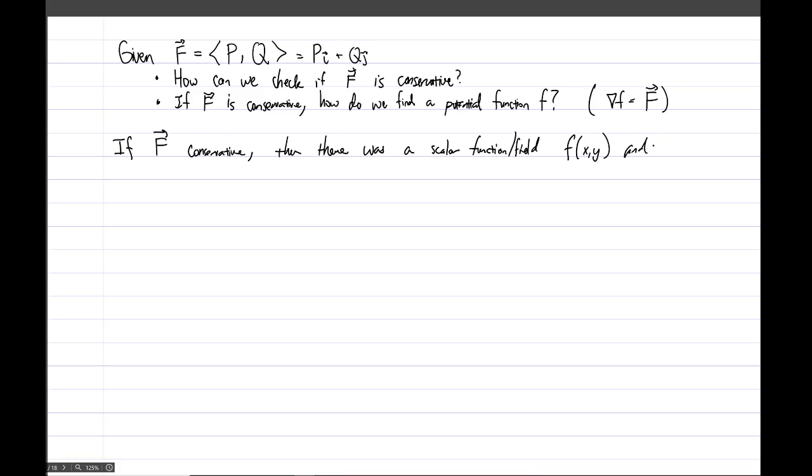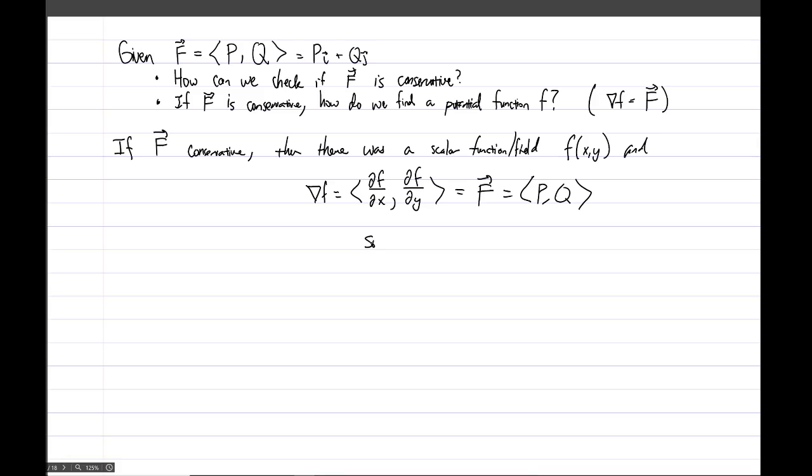And what would have had to occur is that the gradient of f, which would be the partial derivative of f with respect to x, comma, partial derivative of f with respect to y, would have to equal the vector field, which was capital P, capital Q.